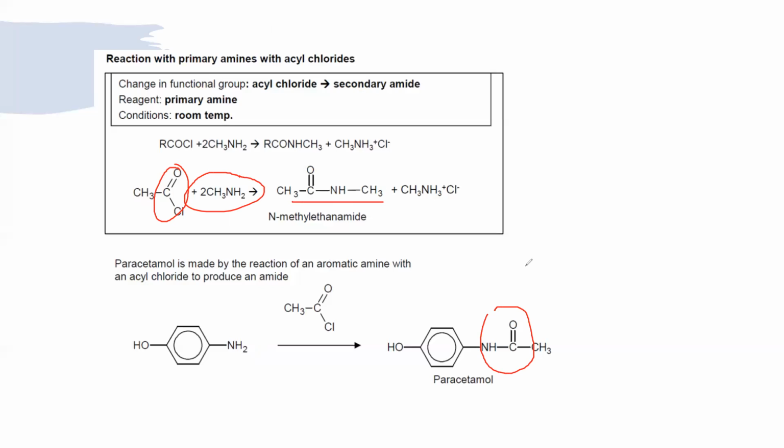So C double bonded with O and N is there, so it also contains an amide group. Any doubt in this? You don't have to learn the mechanism for this. You just have to learn the product which is formed by this reaction. Is it clear? Yes.